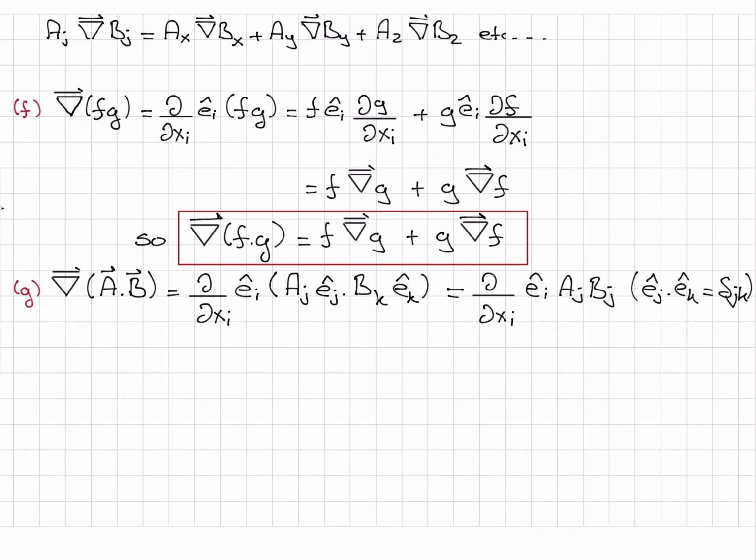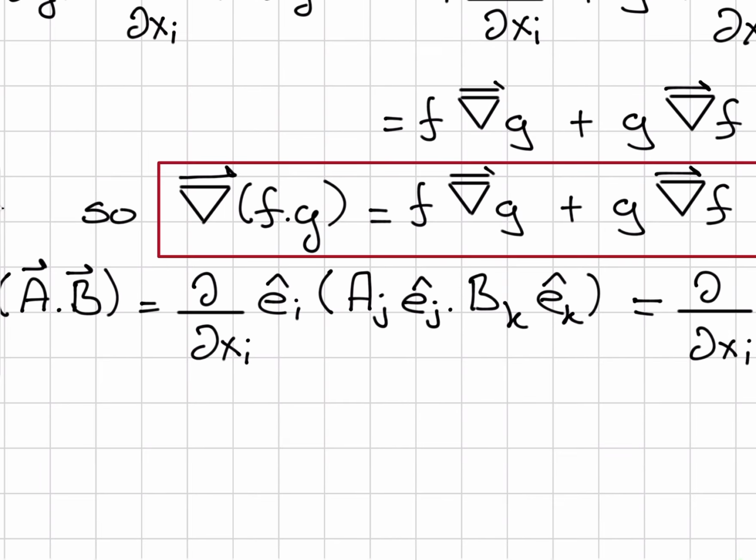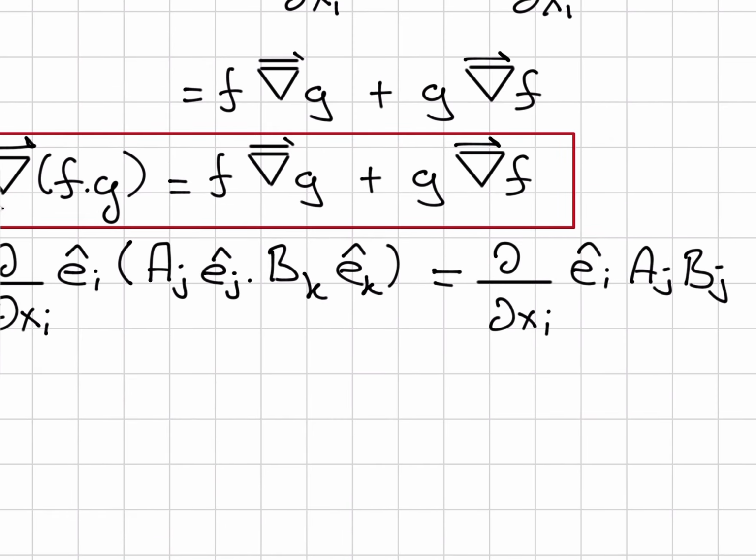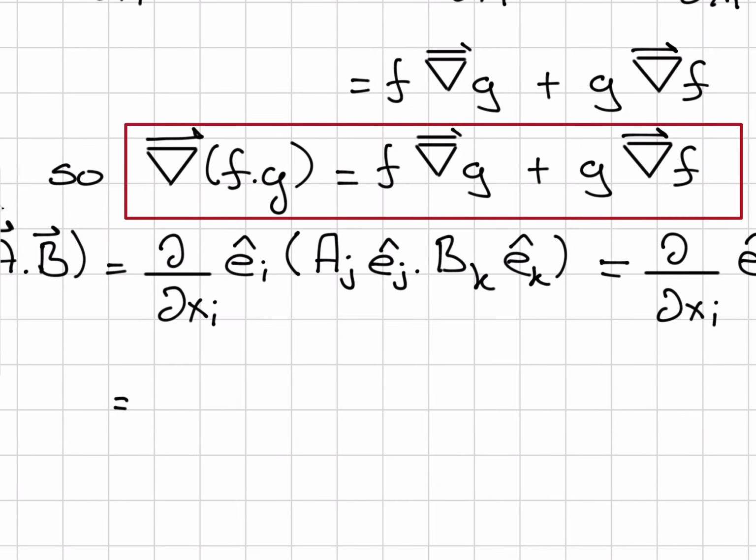All right, and now I can take the derivative of a, leave b alone, and then take the derivative of b and leave a alone. The same thing I did in part F. So this will be ei hat, or let's take this bj out.